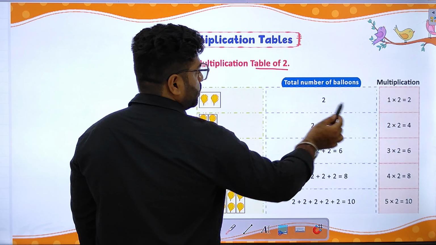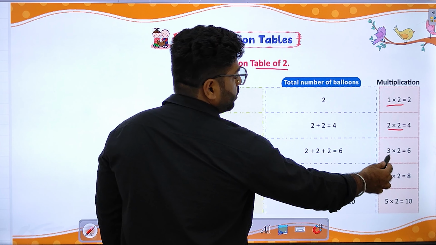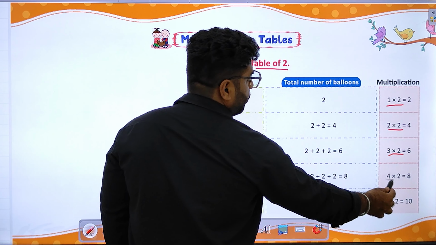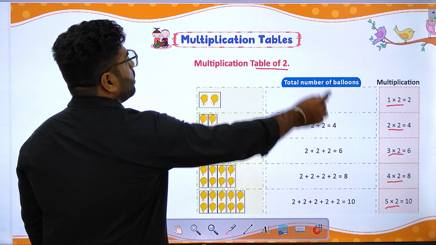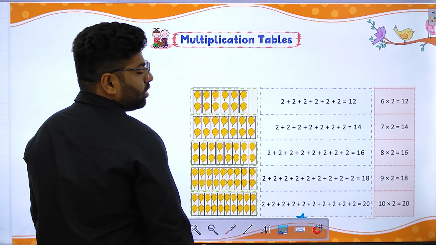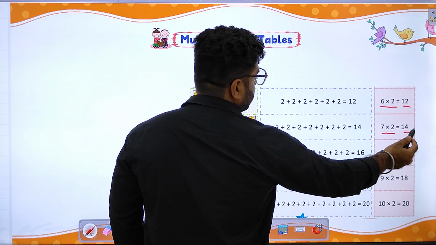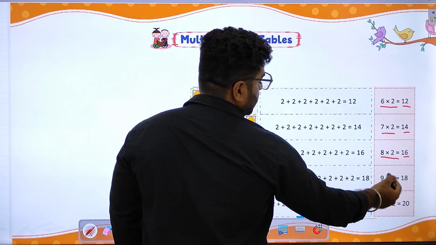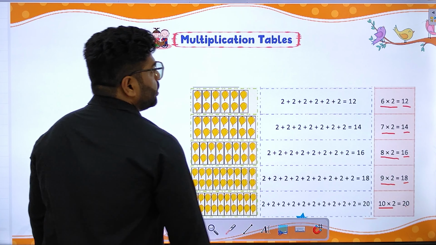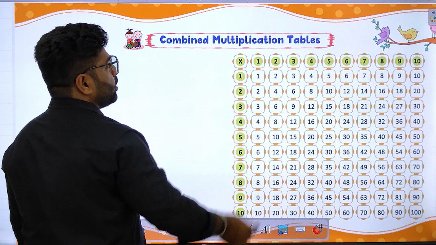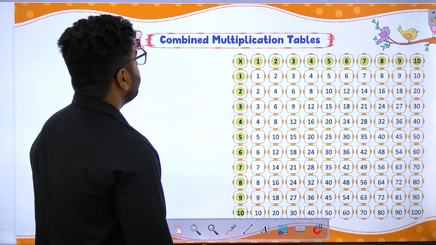Here we are having 1 two is 2, 2 twos are 4, 3 twos are 6, 4 twos are 8, 5 twos are 10. In this way, you have to learn the table. 6 twos are 12, 7 twos are 14, 8 twos are 16, 9 twos are 18, 10 twos are 20. So in this way, you are going to learn the table of 2, 3, and some others also.